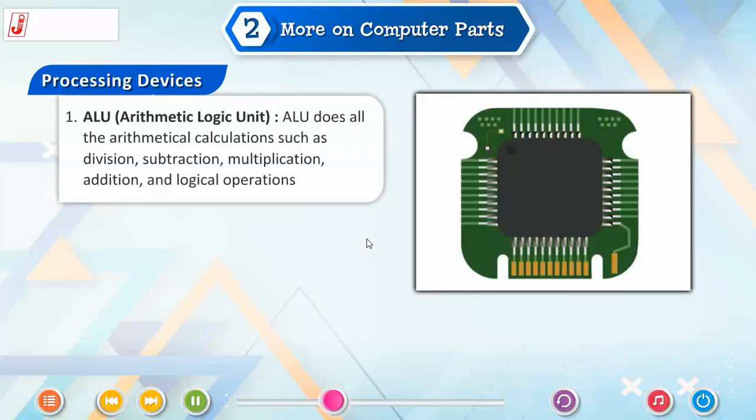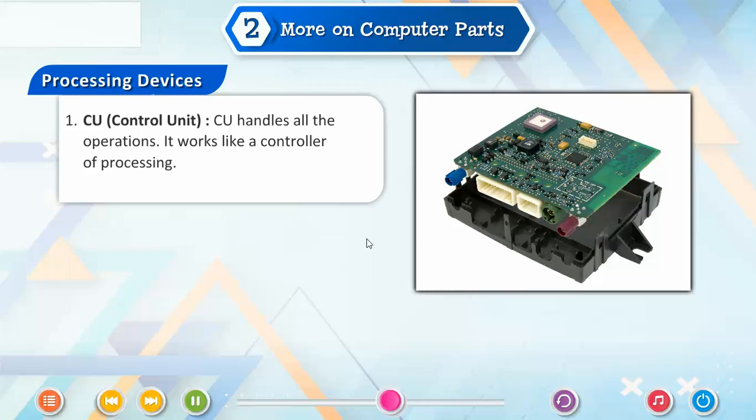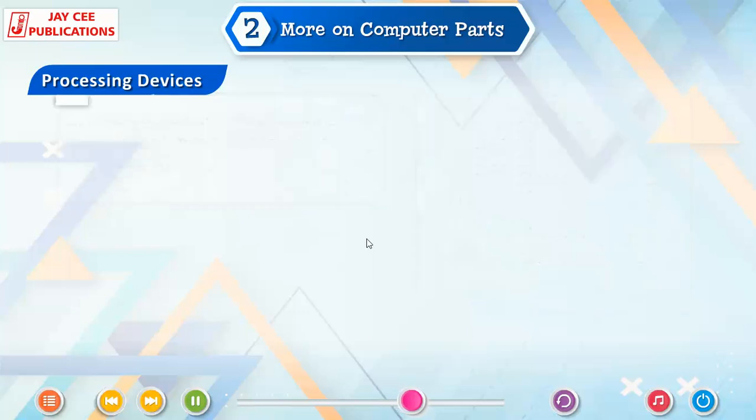1. ALU, arithmetic logic unit. ALU does all the arithmetical calculations such as division, subtraction, multiplication, addition, and logical operations. 2. CU, control unit. CU handles all the operations. It works like a controller of processing. 3.